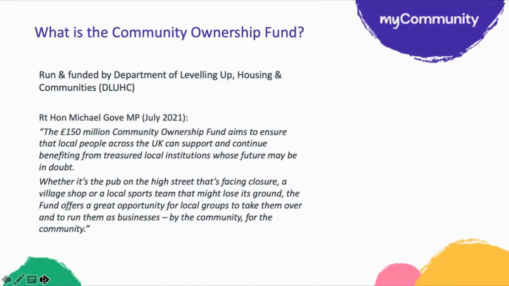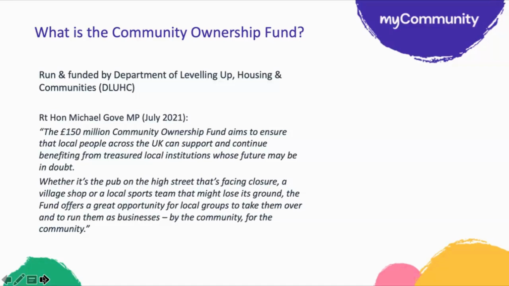The government website says 257 groups have benefited from grants so far, although I make it 267, so I'm not quite sure who's right there. The majority of those in England, 178 in England, 45 in Scotland, 20 in Wales and 24 in Northern Ireland.